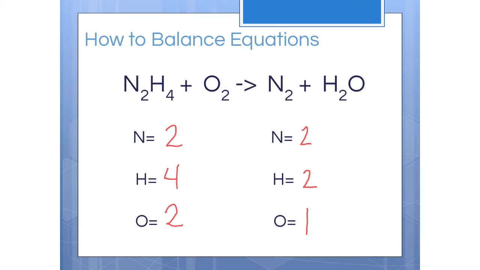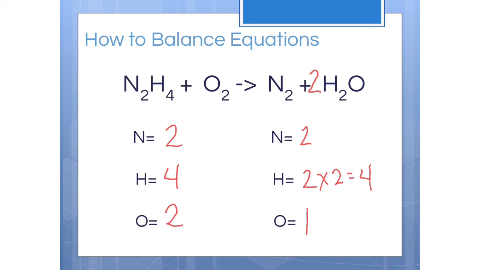So here what we can do is start with hydrogen and try to balance that out. Since we have 2 here and 4 here, we know that if we multiply by 2, we can try putting a 2 here. 2 times 2 equals 4, right?